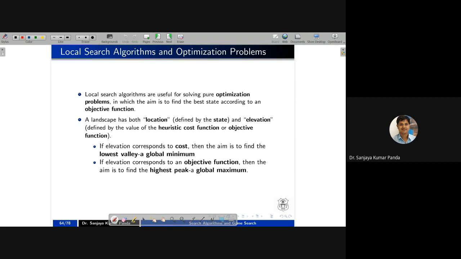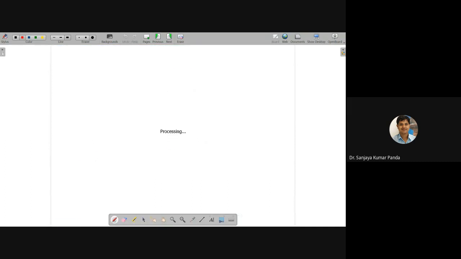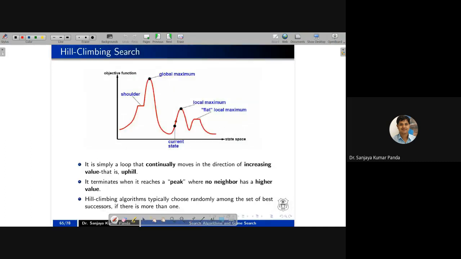By looking at this value, you can decide whether the particular solution is good or not. If it is a minimization problem, our objective is to find the global minimum. If it is a maximization problem, our goal is to find the maximum value.